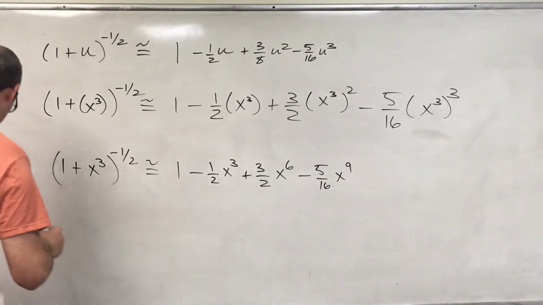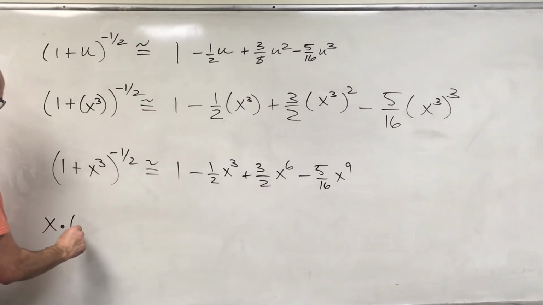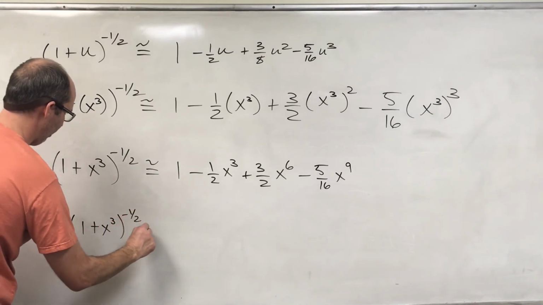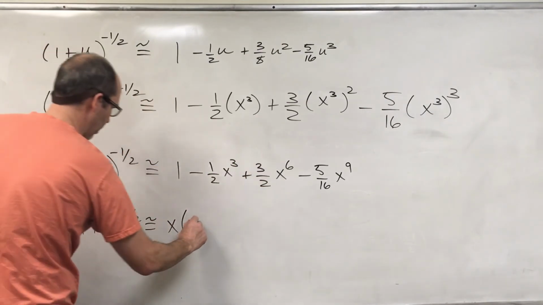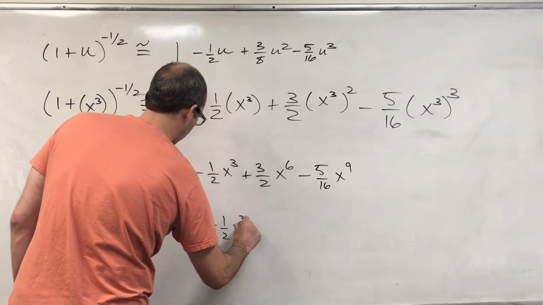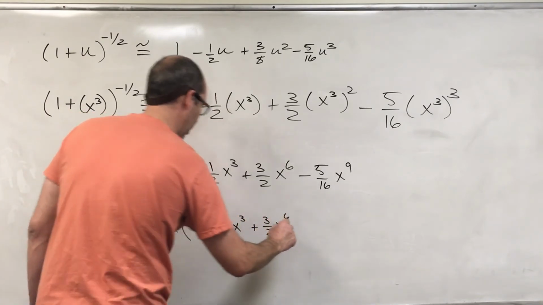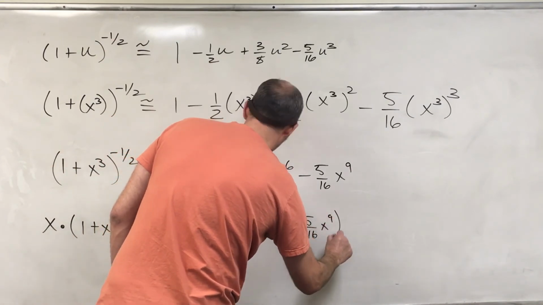And the problem we were concerned with was with an x in front of this, so x times 1 plus x cubed to the negative 1/2 is x times this whole thing. X plus 3/2 x to the 6th minus 5/16 x to the 9th.